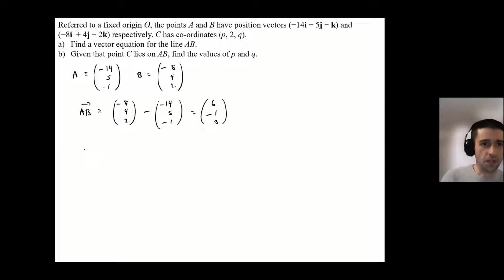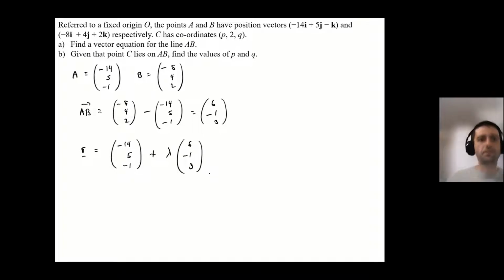And then I can use either of my 2 points. So I'm going to use the point A, -14, 5, -1, plus a multiplier lambda, and then the direction vector 6, -1, 3. And that is the vector equation for the line A to B.